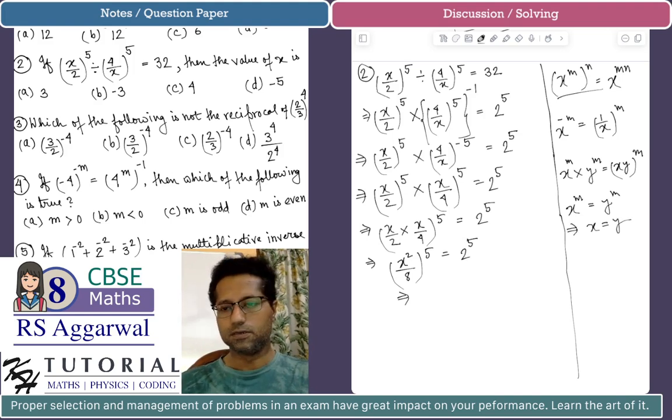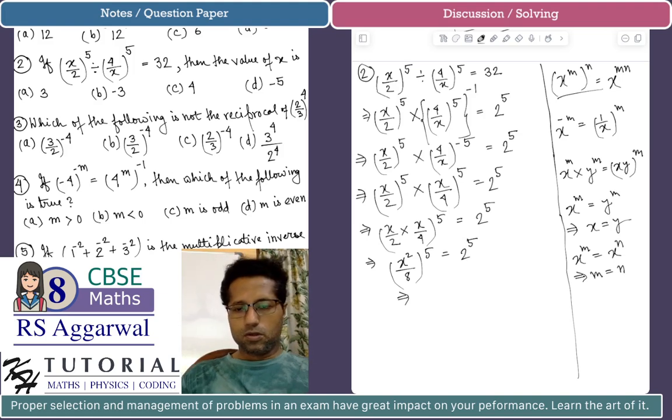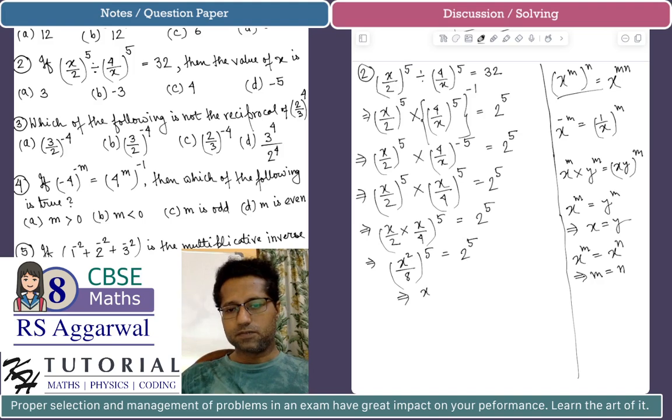And another concept is that if x to the power m is equal to x to the power n, the base is same but the powers are different, we can say that the powers will be equal, m equals n. So in this problem we get the base: x square by 8 equals 2.